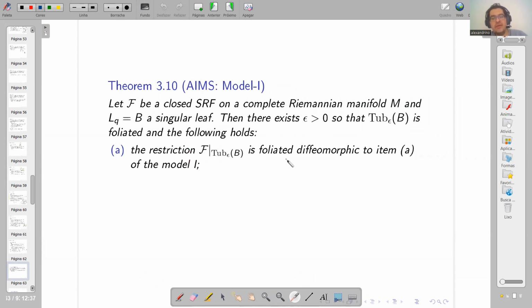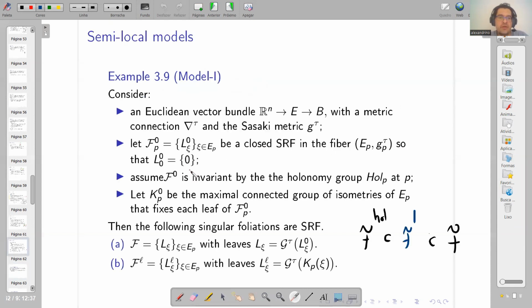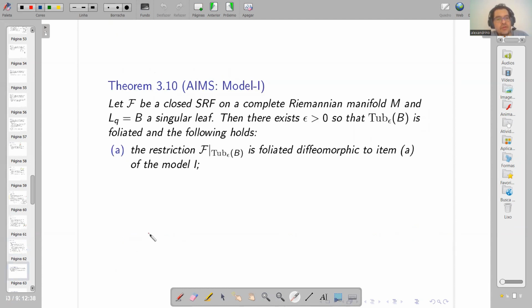First, your foliation stays inside, like isometric actions. You have the orbits stay there, the foliations stay there. And the interesting thing, this guy here is foliated diffeomorphic to item A of your model. So you can always think about a foliation like that. You take an infinitesimal leaf and translate by a holonomy.